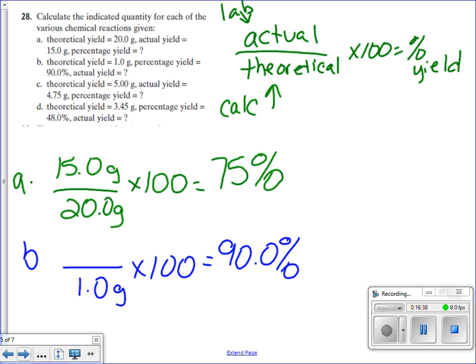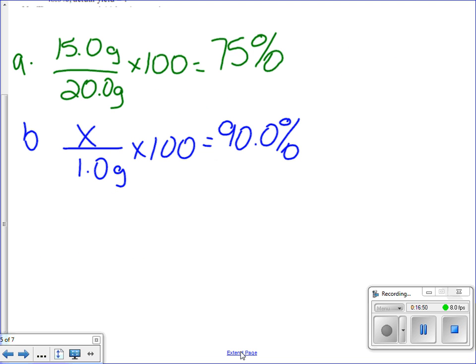So to solve for our actual yield, I'm going to put an X here to represent my actual yield. I'm going to take 90 and divide it by 100 and multiply it by my theoretical yield, or multiply it by 1 gram. And so for actual yield, you should get 0.90 grams.